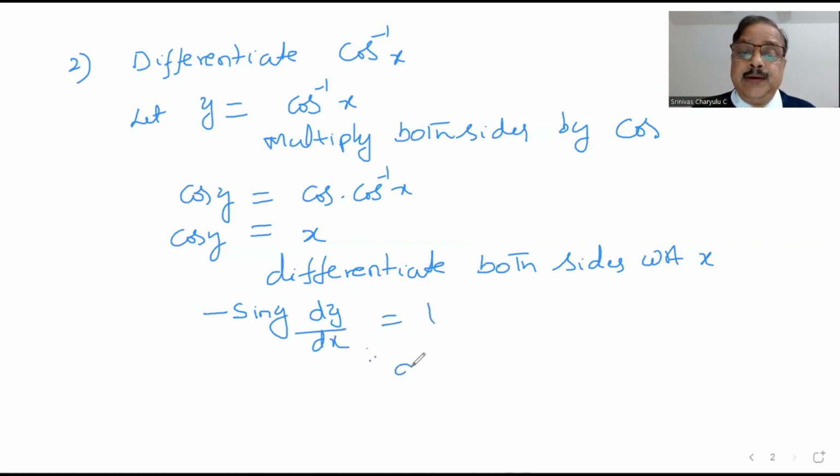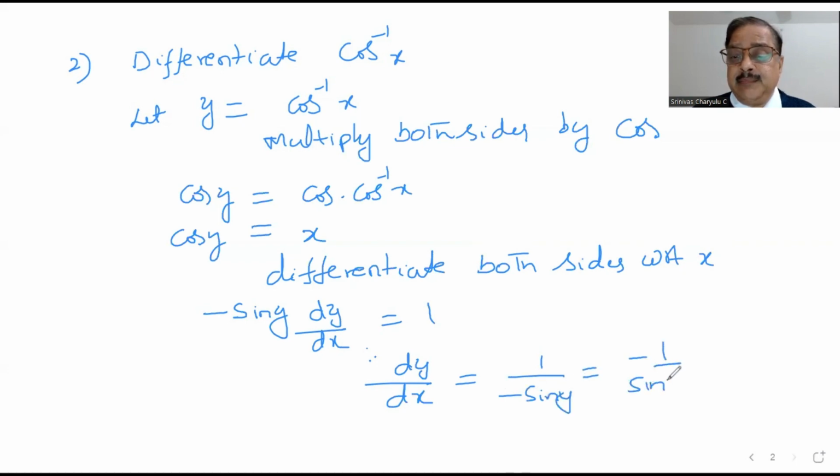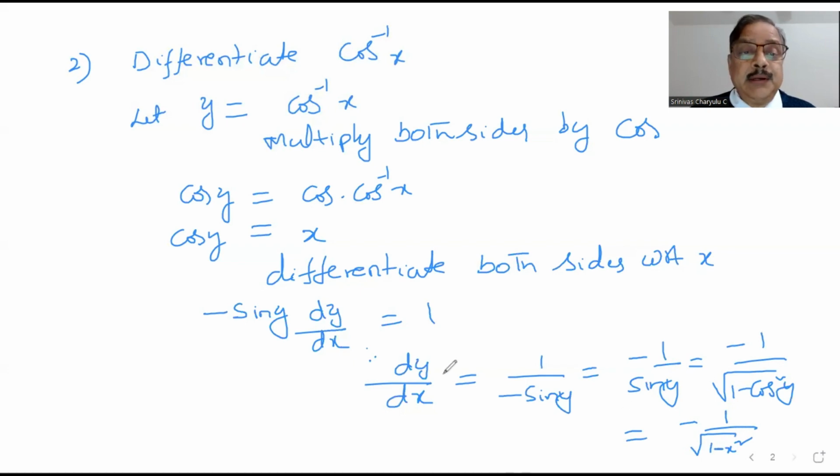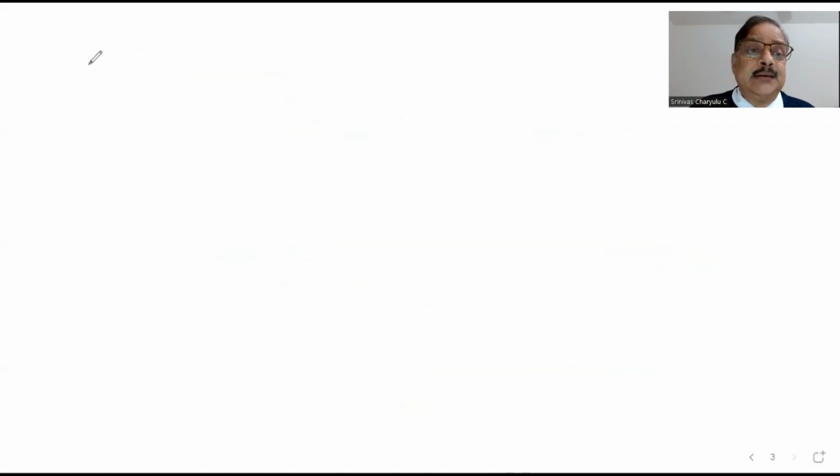So therefore, dy by dx is equal to 1 by minus sine y, or minus 1 by sine y, or minus 1 by root of 1 minus cos square y, or simply minus 1 by root of 1 minus x square. Because cos y is called x here. So cos square y becomes 1 minus x square here after substitution. So this is cos inverse x differentiation.